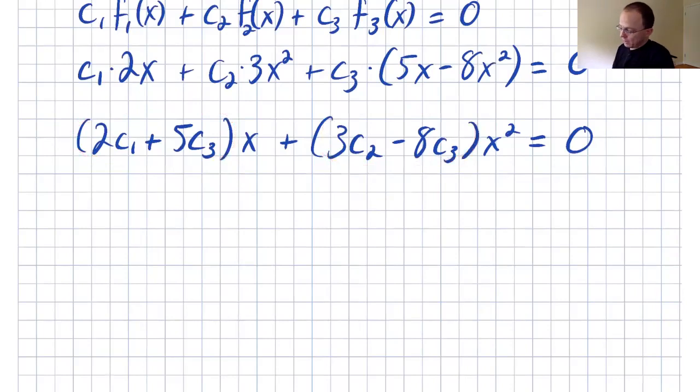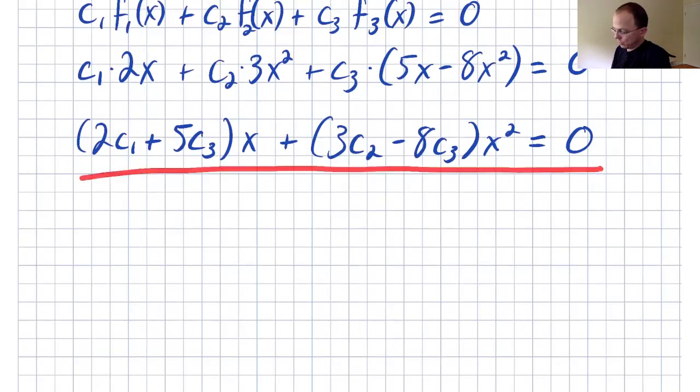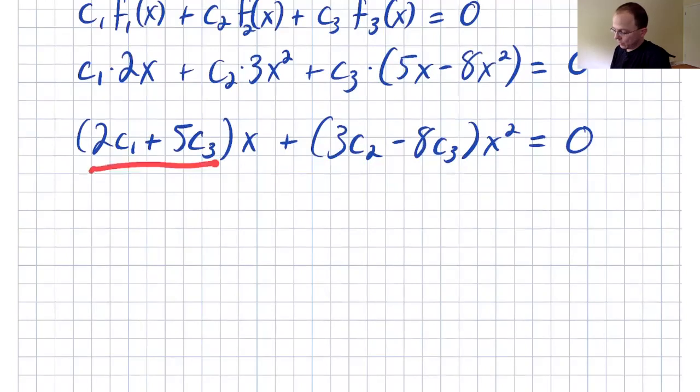In fact, that's because these two functions, x and x squared, are linearly independent. And so the only way to have this equation be true for all x is for this coefficient and this coefficient to be equal to 0. So that's one approach. Another approach, of course, is to just plug in different values of x.